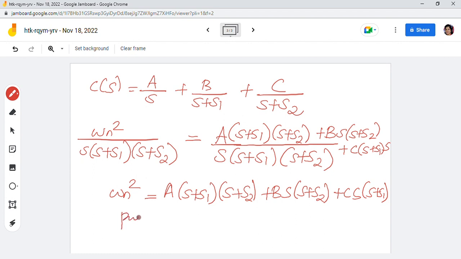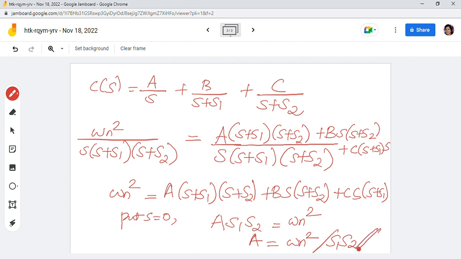Put s equal to 0. We get all the other terms equal to 0, and only the value of A we get. That is, A into s1 s2 will be equal to omega n square. Now A is equal to omega n square divided by s1 s2.